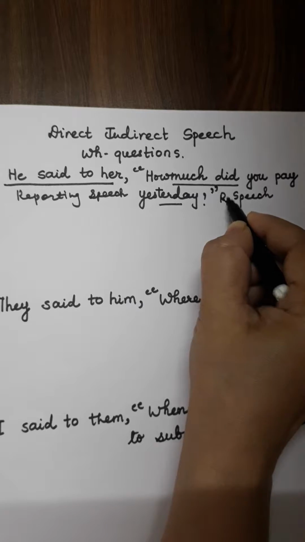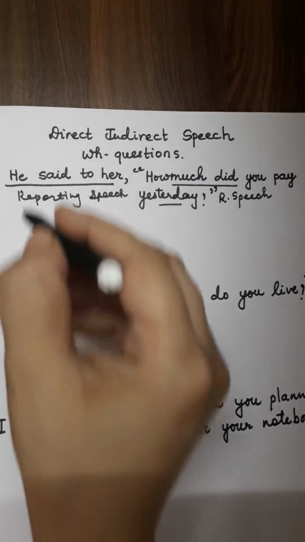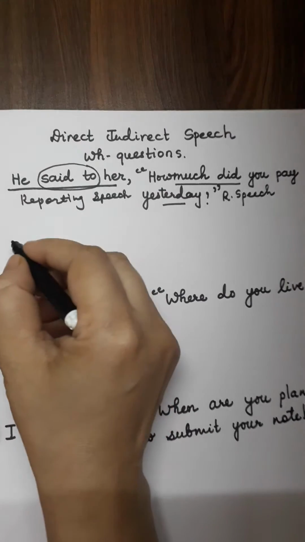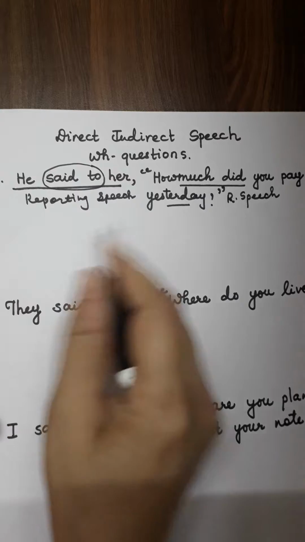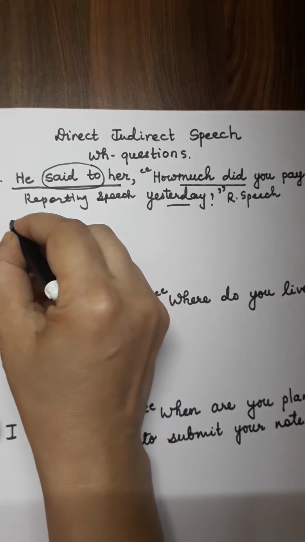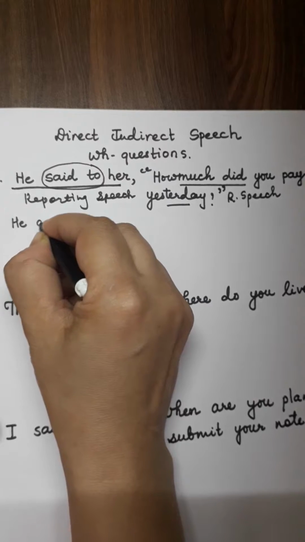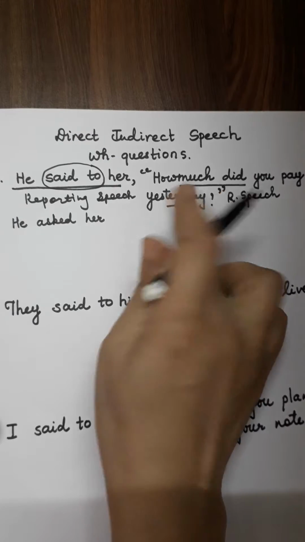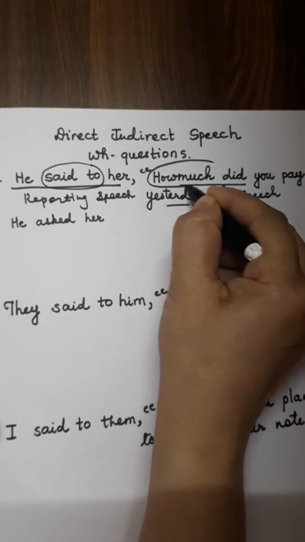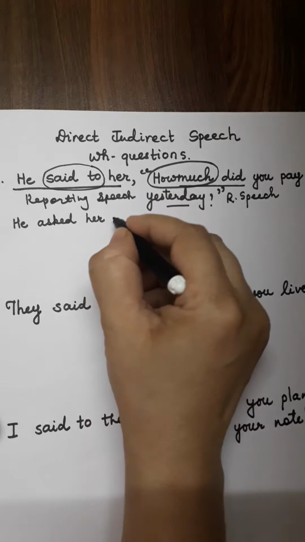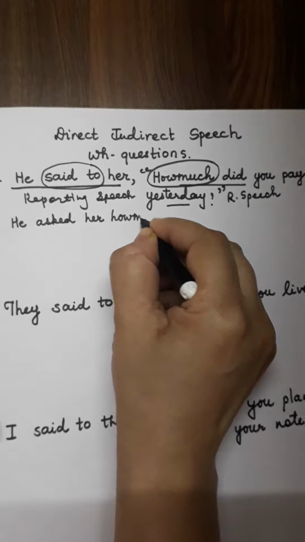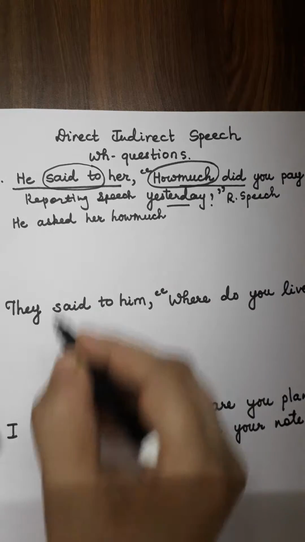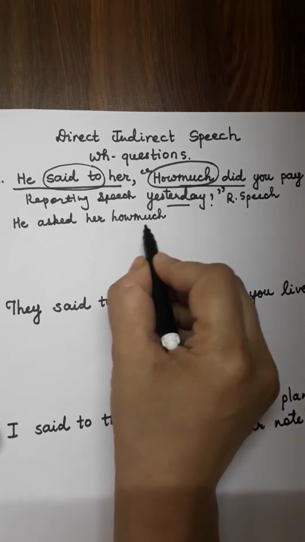First of all we are going to change this said to into asked or inquired or question because we are having a question here. So here I am using asked. He asked her. Connect both these parts with the same question word which is given to you. Here we are given how much, so we are going to use the same word here. How much. H has to be written in lowercase, small letter. He asked her how much.